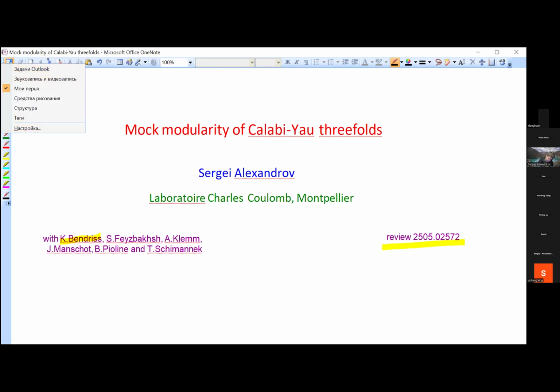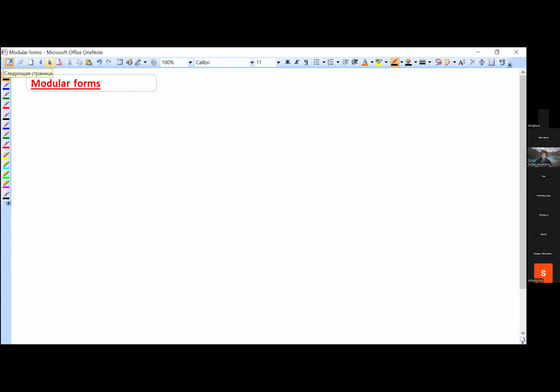First of all, we will define what modular forms are. In these lectures, I will talk only about modular forms for the SL(2,Z) modular group, which, of course, you all know is just the group of matrices (A, B; C, D) with integer coefficients which satisfy this relation.